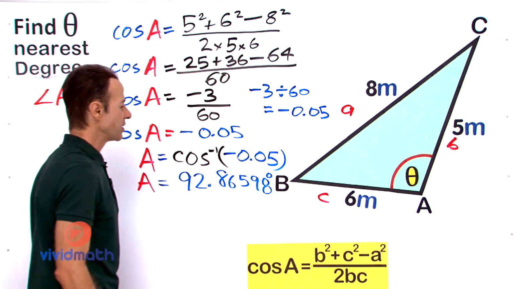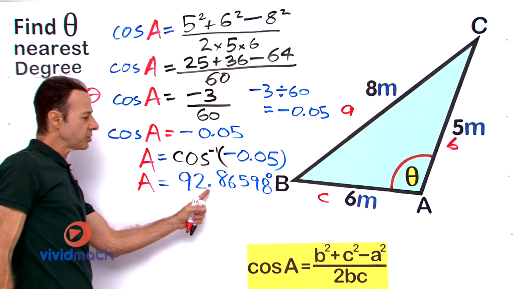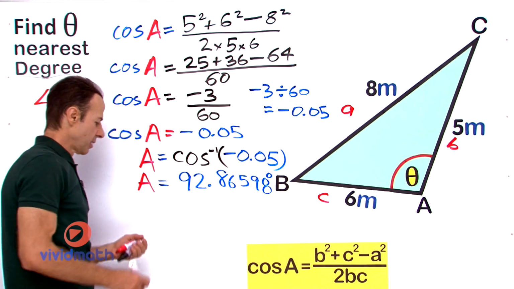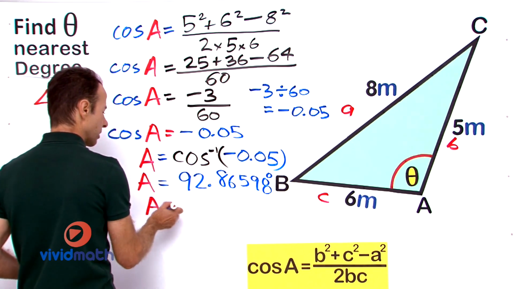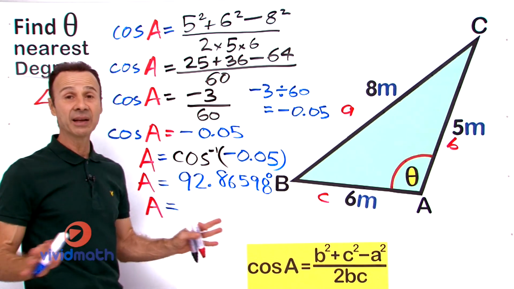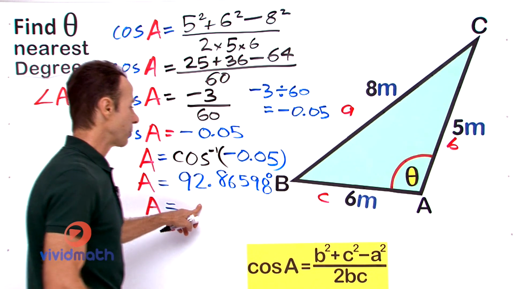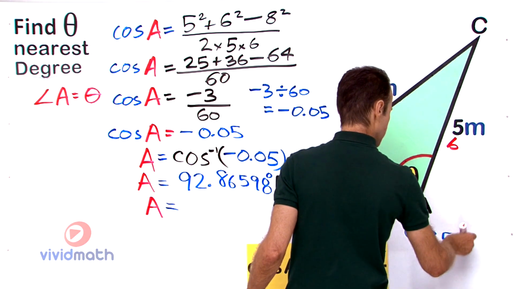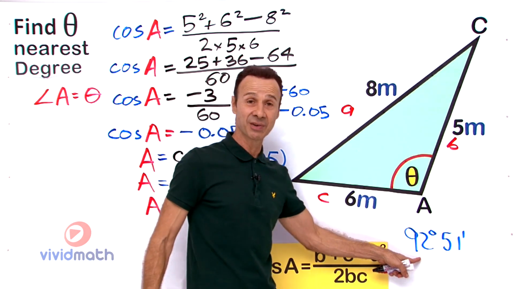Use as many decimal places as you like. I've got 5 decimal places. Angle A equals 92.86598 degrees. Now you can actually write to the nearest degree without hitting degrees, minutes, seconds. If you hit degrees, minutes, seconds, you're going to end up with 92 degrees 51 minutes, which means 51 is greater than 30, so it's going to round up to 93 degrees.